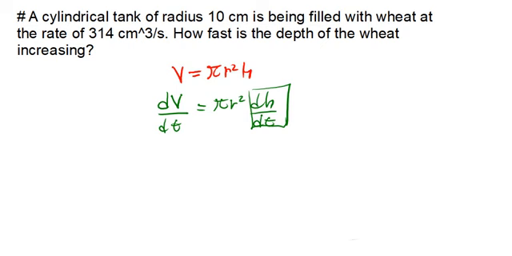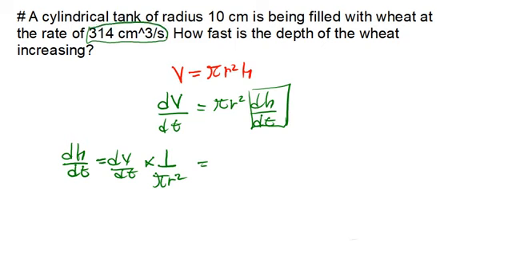So what are we going to have? If we make dh dt the subject of the formula, we are going to have dh dt equals dv dt multiplied by 1 over pi r squared. Our dv dt has been given already; it's there in the question.